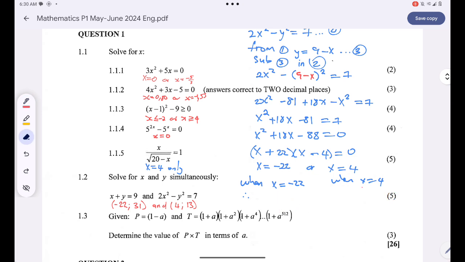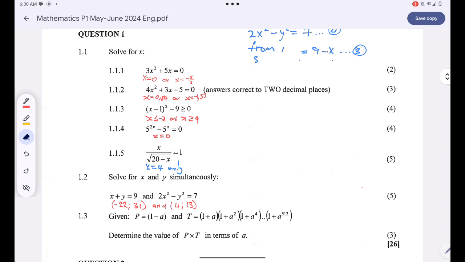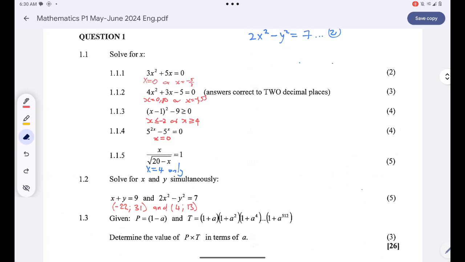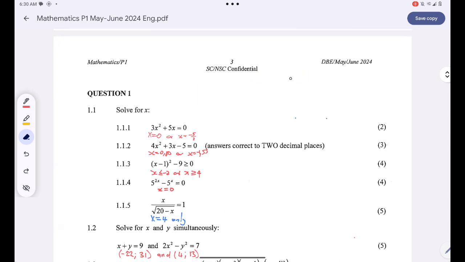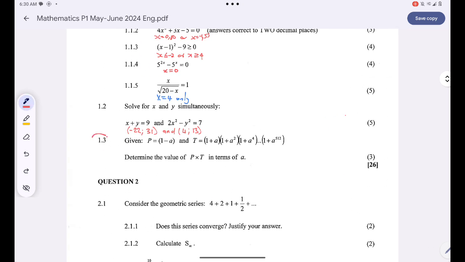And then now we are left with determining the product of p and t for us to get full marks in question 1. Yes, guys, I truly believe that if you can get the last question on question 1 correctly, you have a greater chance of getting 100% for your paper 1.